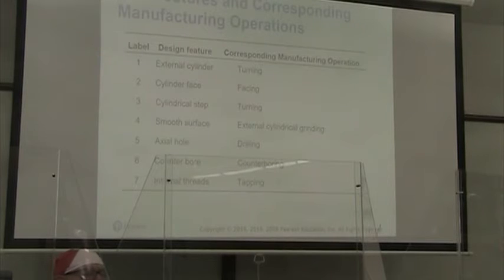So those 7 features would be the external cylinder, the cylinder face, the cylinder step, smooth surface, an axial hole, a counterbore, and internal threads.